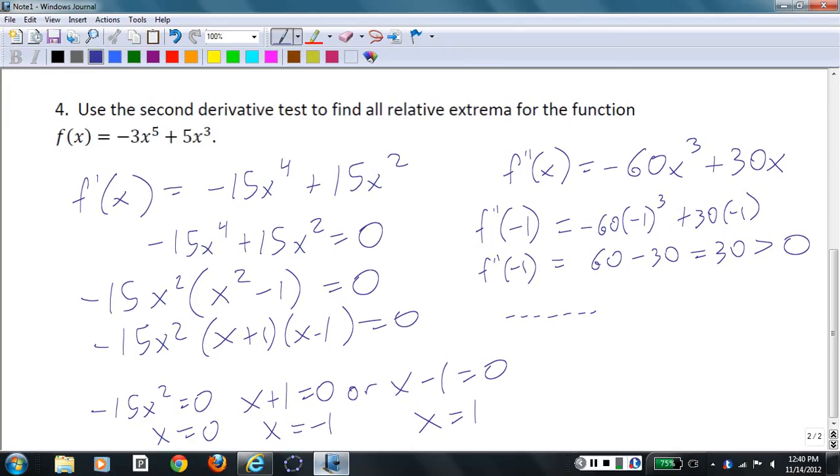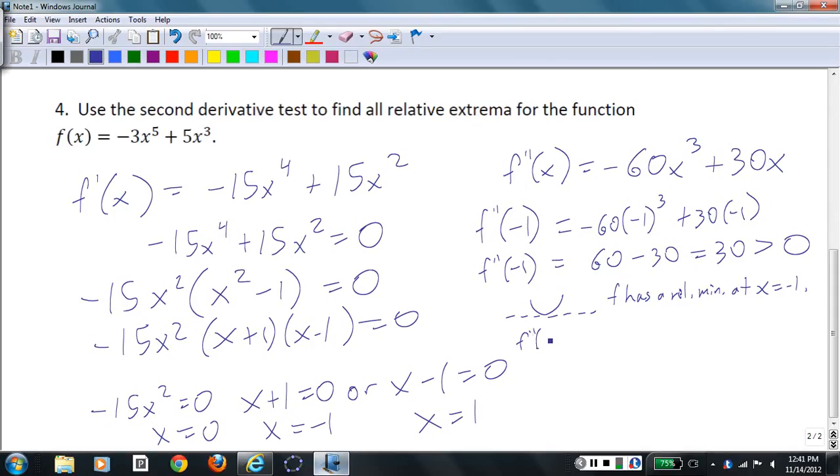That means concave up. So if there's a horizontal tangent line and the graph is concave up, are we thinking relative minimum, relative maximum, or who knows? Looks like relative minimum. So you would say f has a relative minimum at x equals negative 1 according to the second derivative test.